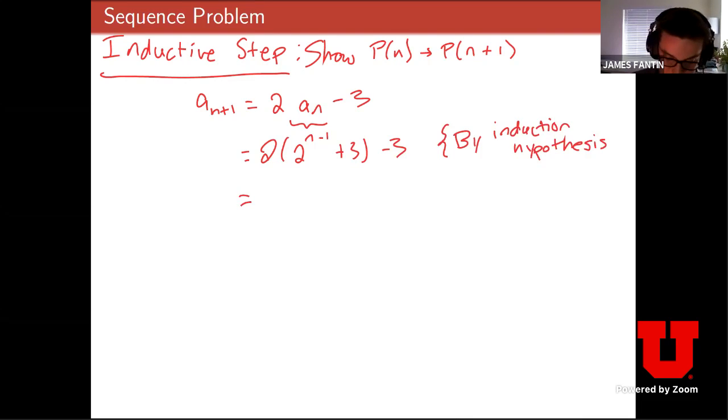Then we just simplify the algebra. We get 2 to the n plus 6 minus 3, which is 2 to the n plus 3. And this is exactly what we wanted to prove.